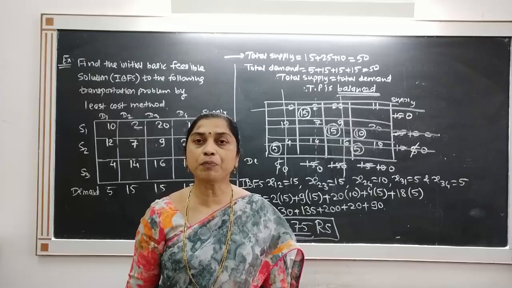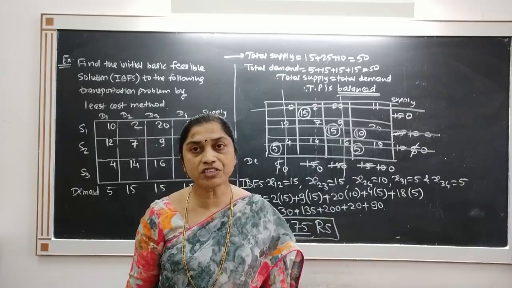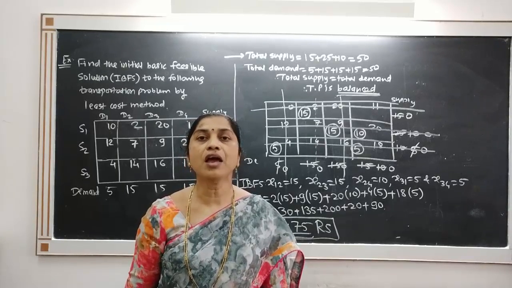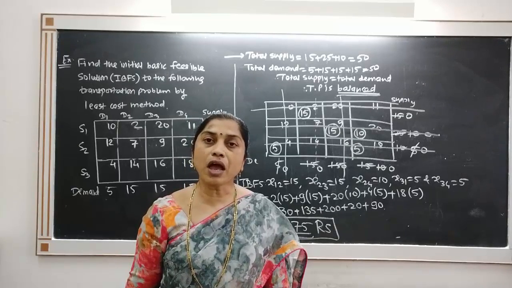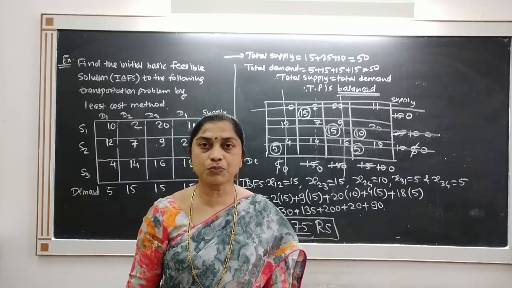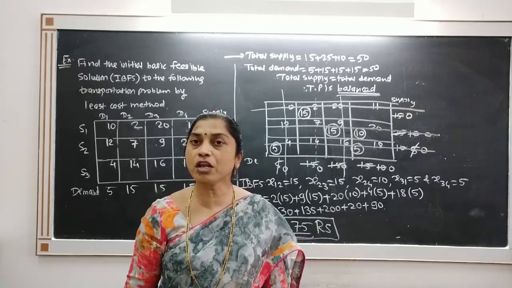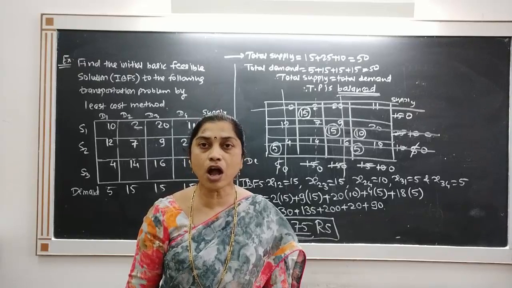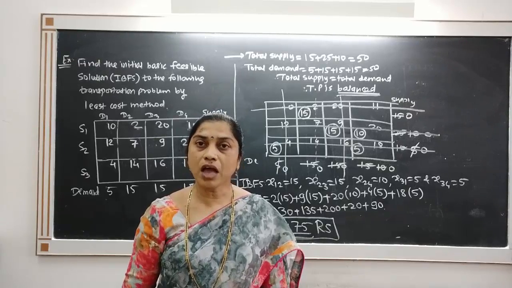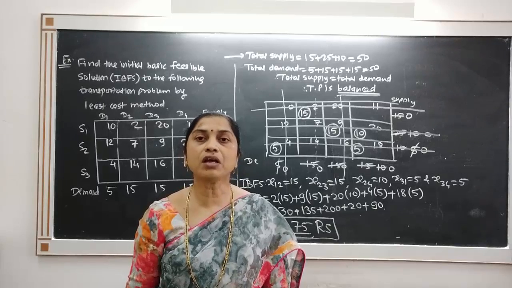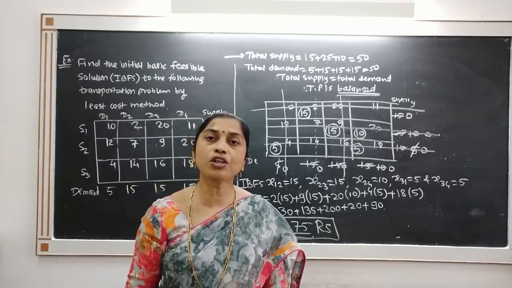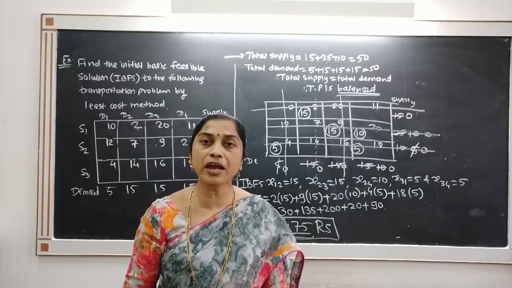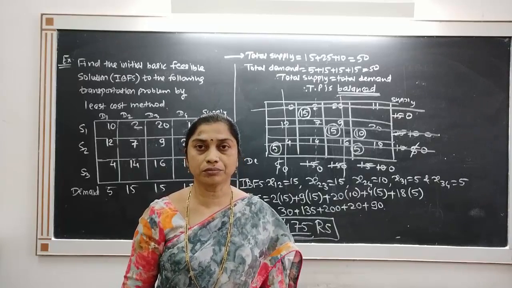This method gives a better solution than the northwest corner method, because we want to consider the minimum transportation cost, and the northwest corner method does not take cost into account. Therefore the least cost method is better for getting the initial solution.